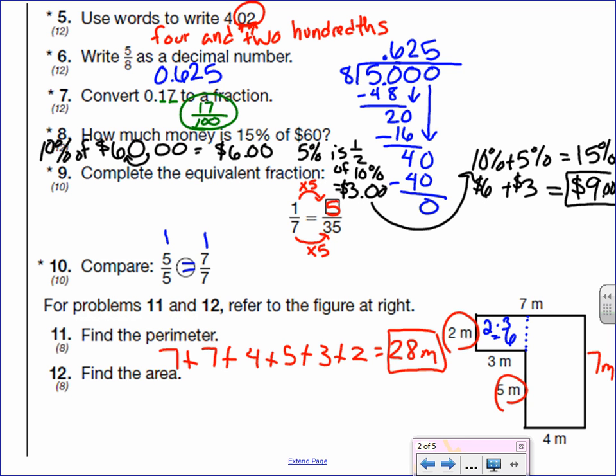And the area of this will be 4 times 7, which is 28. So then we add those 2 pieces together. 6 plus 28 equals 34. And then the units for area are the units they give you squared.